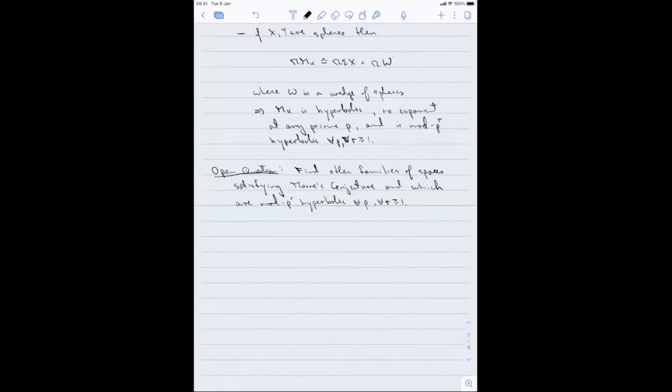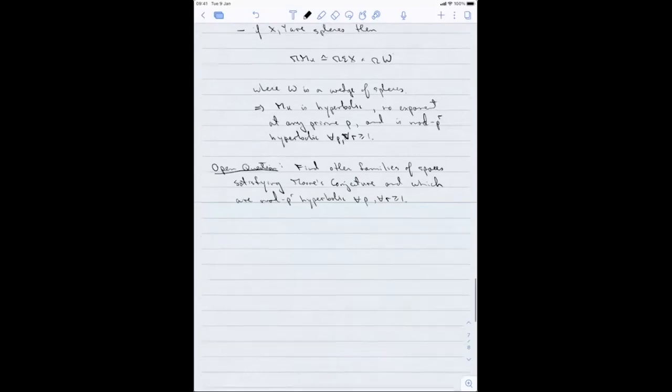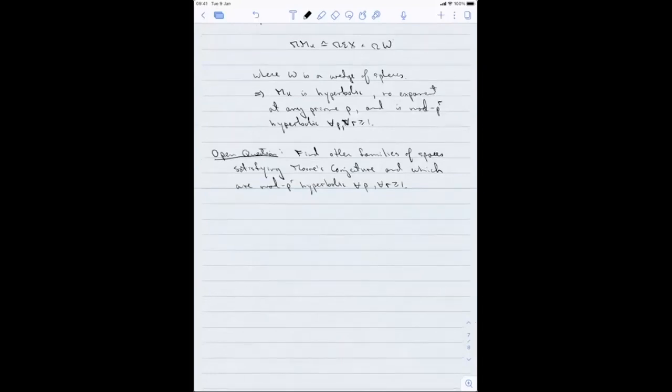Another thing that came out of this series of talks was this very intriguing connection between rational homotopy theory and integral homotopy theory or torsion related homotopy theory.